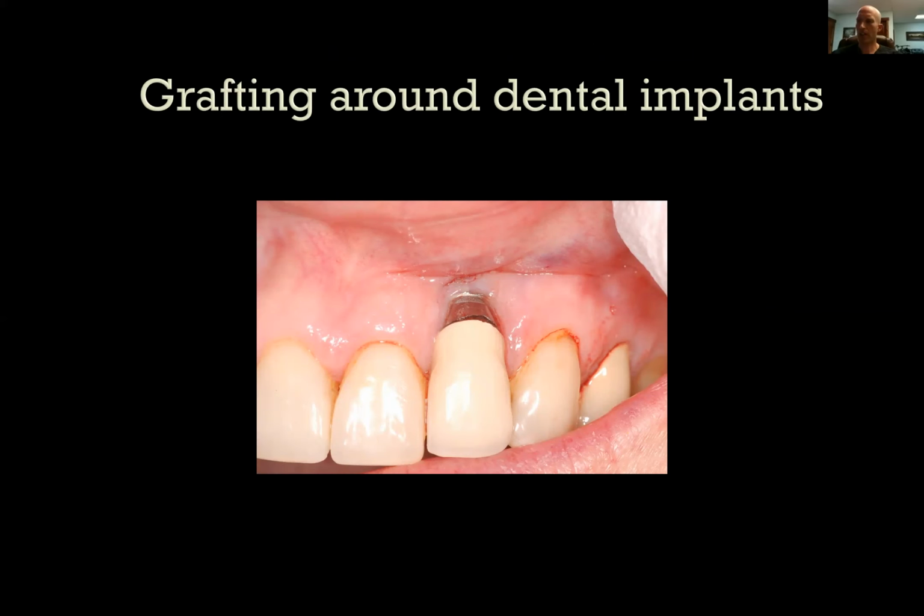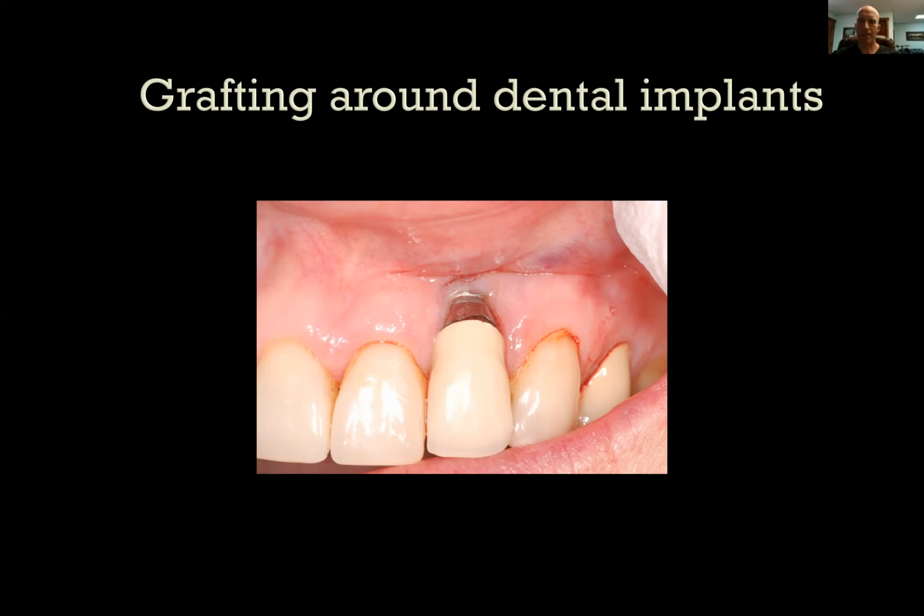I'd like to show just a couple of cases here. Look at this image. It's easy to start to critique the location of this implant or the placement of this implant. But my question to you is, if you knew that this implant had been in place for 25 years, would your critique be different?